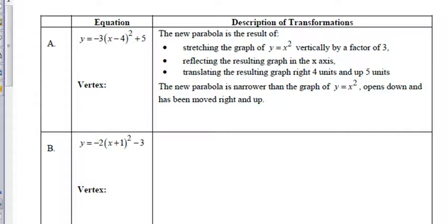So the vertex is invariant, it does not vary under a stretch or a reflection. It can't go anywhere, right? You cannot stretch away from the line if you're on the line. You cannot reflect in the line if you're on the line. So the only thing that's going to move the vertex is this. So all you're looking at is the p and the q values, right?